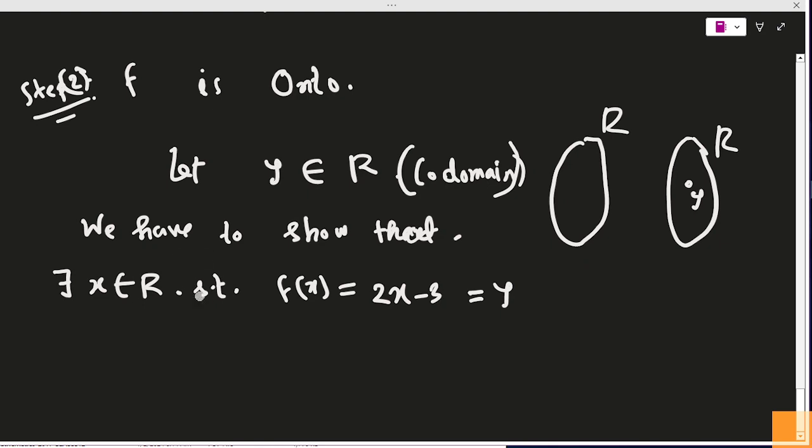So we have to show there exists x such that f of x equals y. क्या यहाँ पे एक एलिमेंट y है तो ऐसा एक एलिमेंट x एग्जिस्ट होगा क्या?